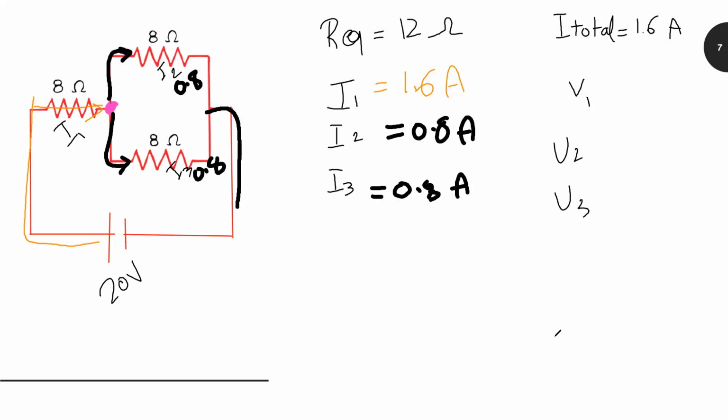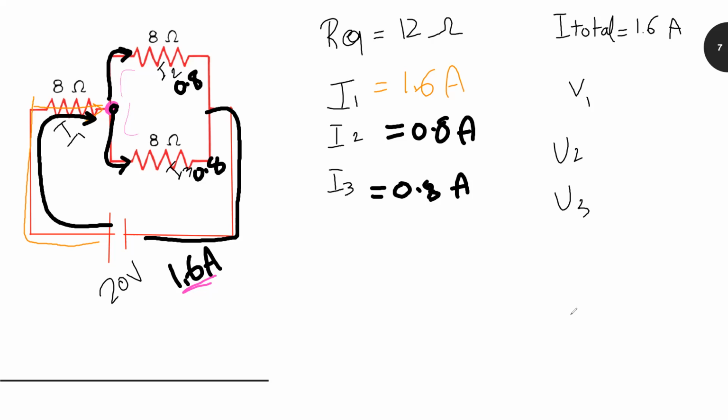After they connect back and return to the voltage source, they come with 1.6 ampere. So I will repeat: it passes through I1 with 1.6. When it reaches this point, it is distributed into two paths, 0.8 and 0.8. Then after they connect here, we come back with 1.6 ampere.